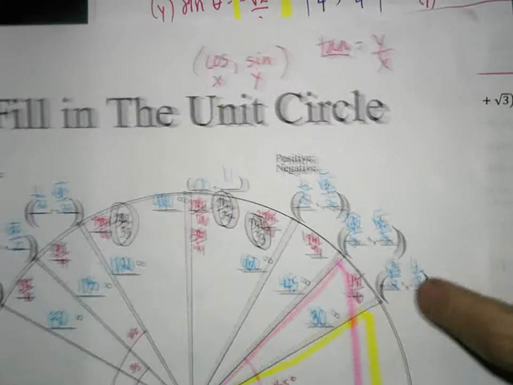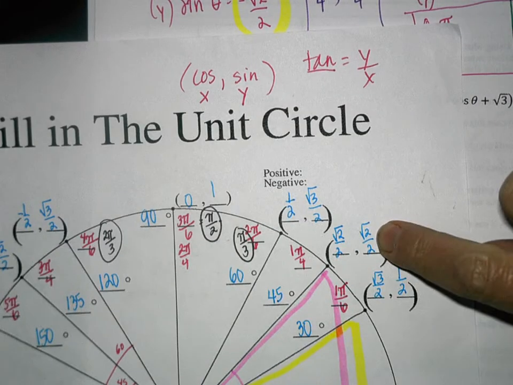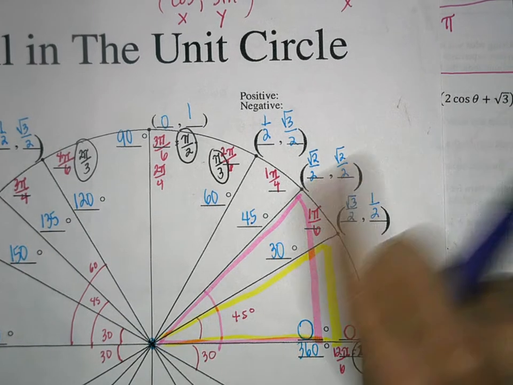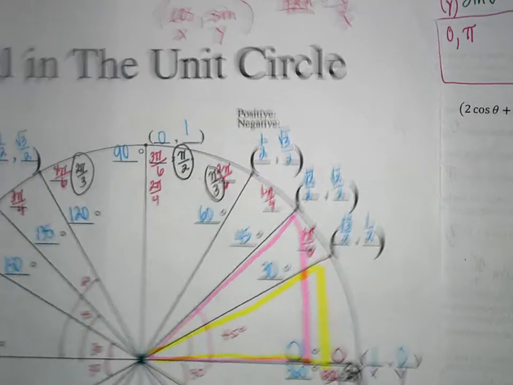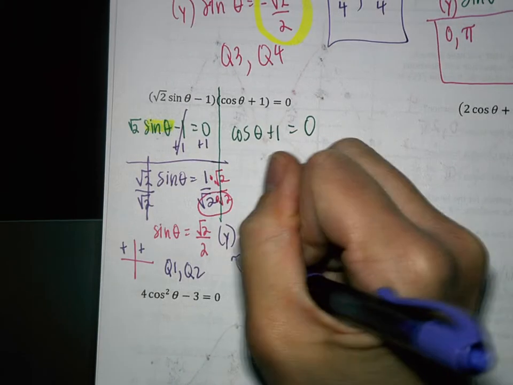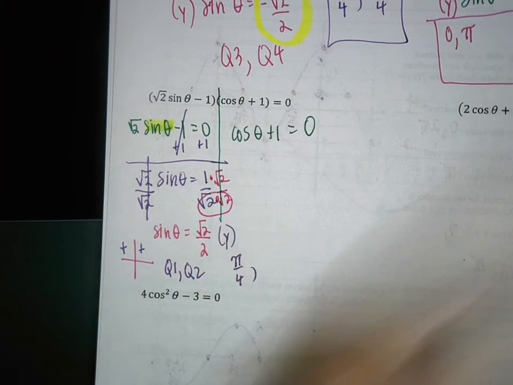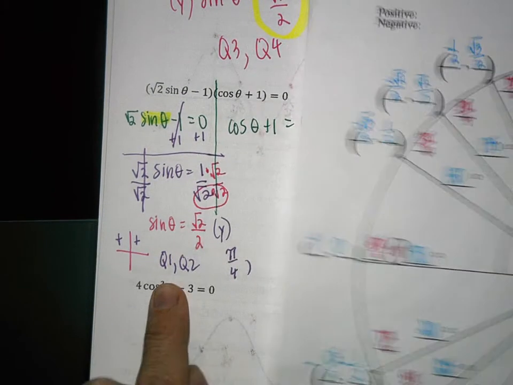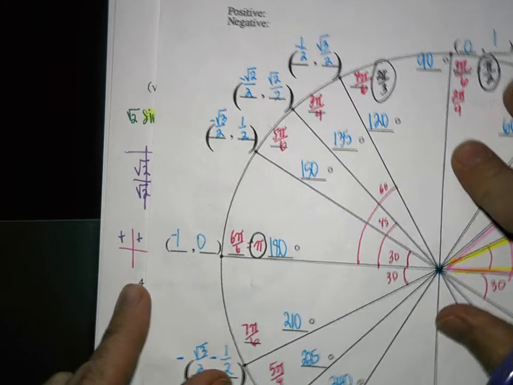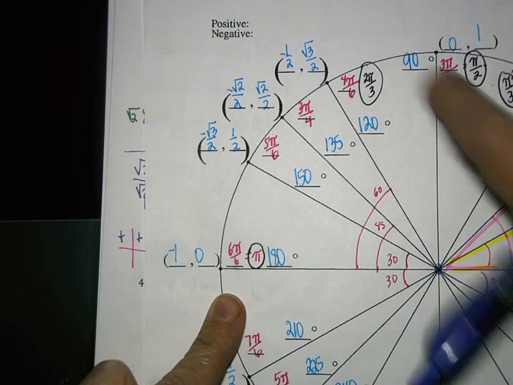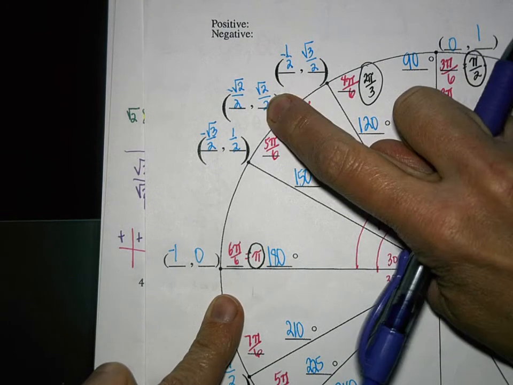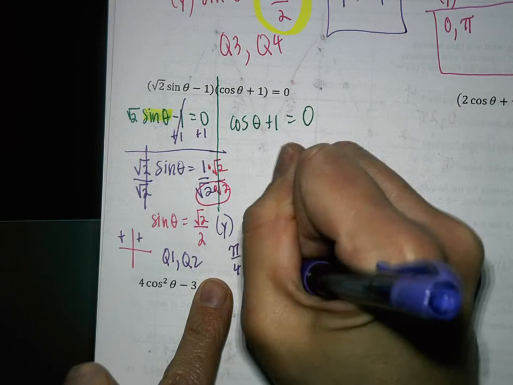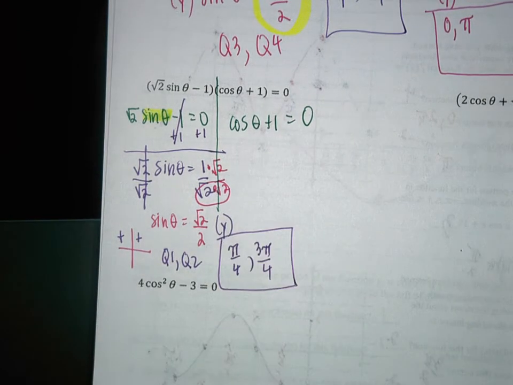Here in quadrant 1, in terms of radians, that's at pi over 4. In quadrant 2, we again are looking for root 2 over 2 for y, and y is root 2 over 2 right here, which is 3 pi over 4. So those are our answers for that side.